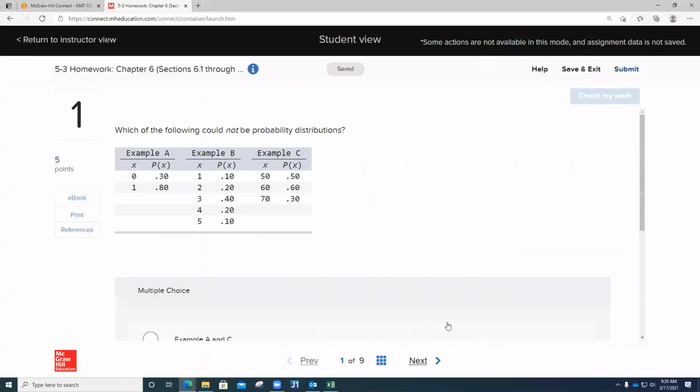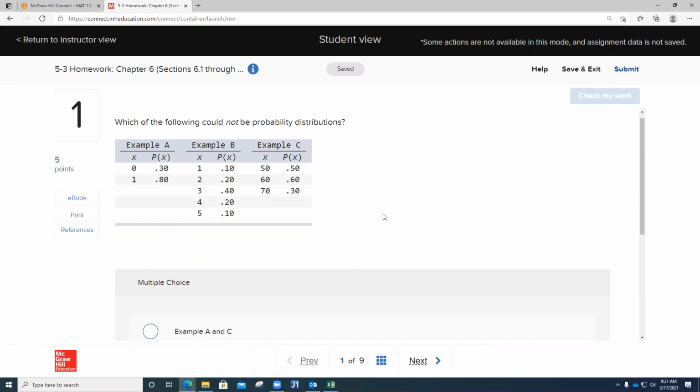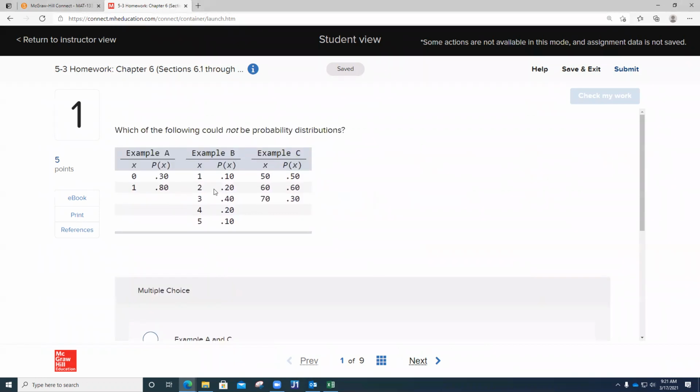All right, so the first question: which of the following cannot be a probability distribution? So remember, for something to be a probability distribution, it has to have an event, which is what the x's are. So we have 0 and 1 here, and we have x's here, and their numbers, so that is good. Then the probabilities also have to add up to 1.